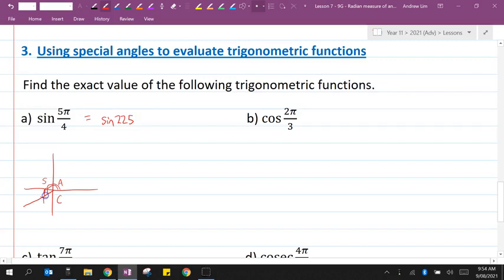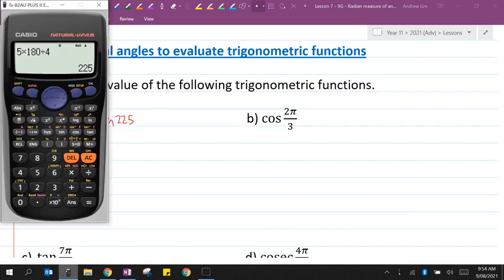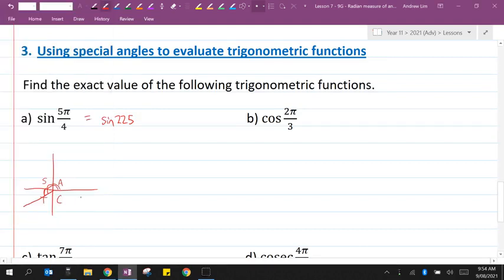So this reference angle, 225 minus 180, is 45 degrees. So I know that this bit here is 45 degrees. And with my unit circle, I know that this is going to be root 2 on 2, comma root 2 on 2. That's the coordinates of that point there.